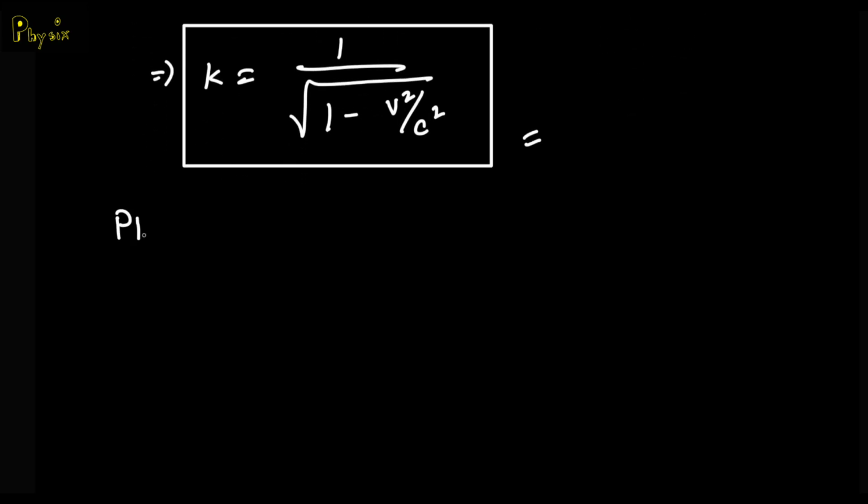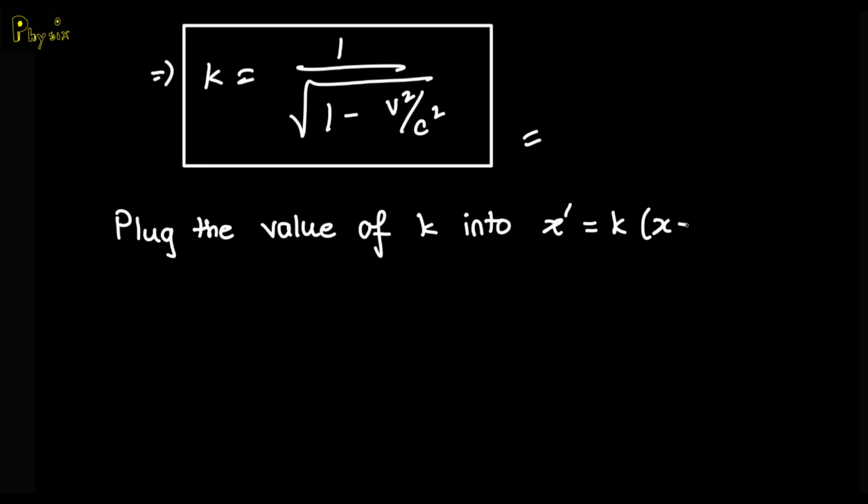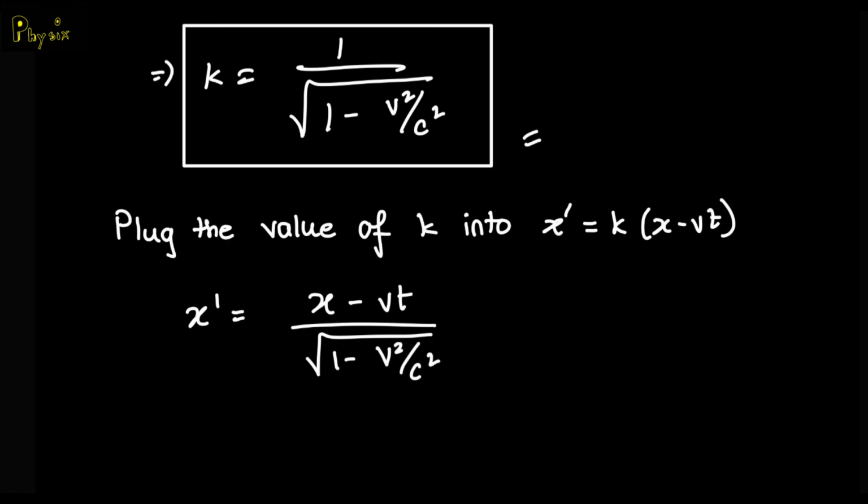What we now do is we plug in the value of k in the other equations that we have, beginning with x prime is equal to k, x minus vt. Plug in our values, and we get that x prime is basically x minus vt over the square root of 1 minus v squared over c squared.